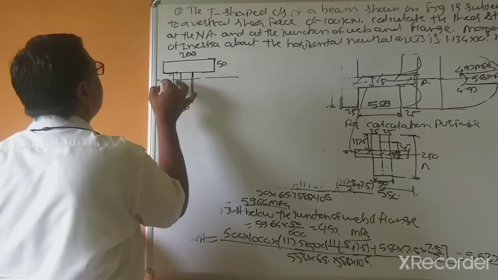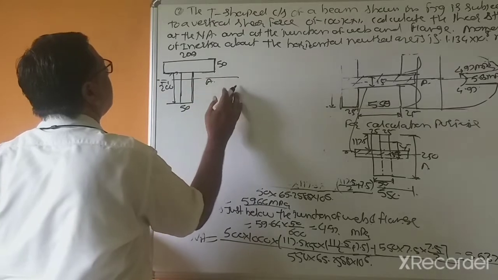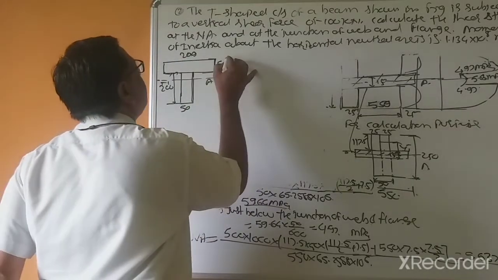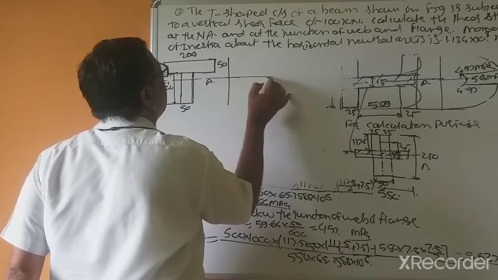So this is supposed to be the position of the neutral axis. So the distribution of the shear stress diagram.